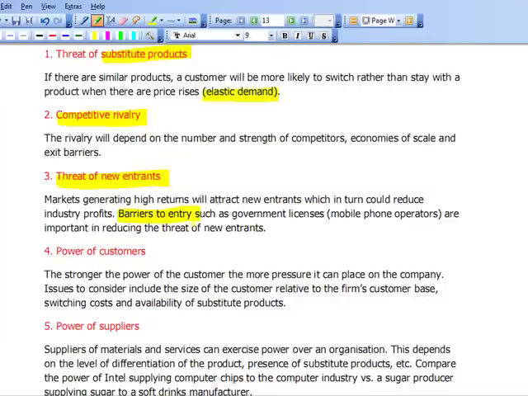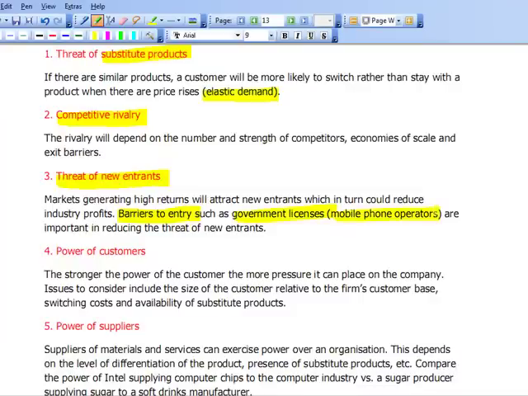Barriers to entry are things which make it difficult for new entrants to enter that market. They're a barrier.